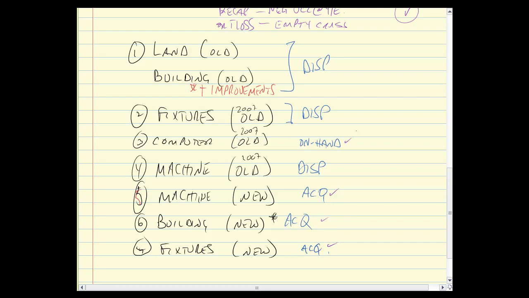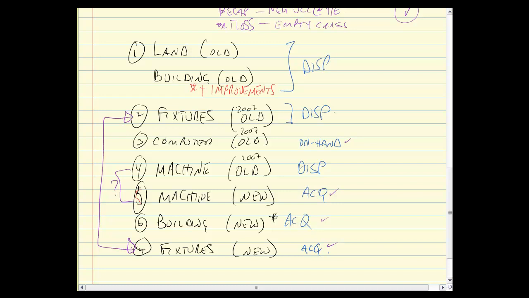And then we have to note here that we have some class overlap. Do we have a class overlap here? So this is the point in buildings. In general, think of buildings as their own class. There are very few buildings that don't go into their own classes anymore. But these fixtures are all going to be one class. So this goes back to the point that I made before.